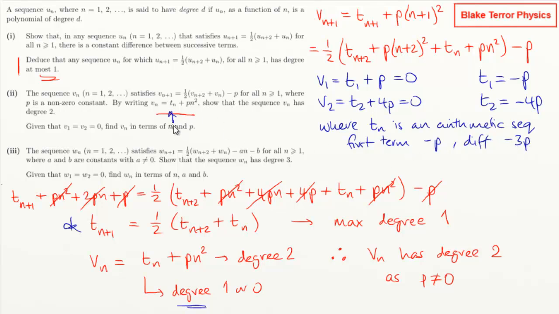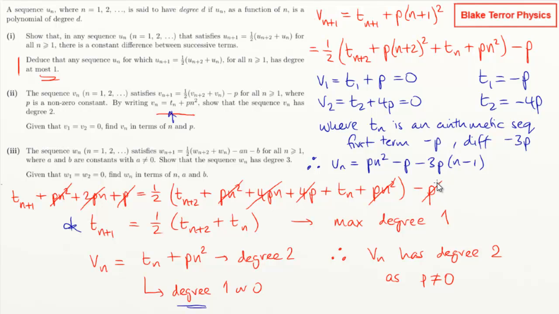So I now need to get Vn, so I've already got the Pn squared, so Vn is equal to Pn squared, and then we've got the Tn bit. So the Tn is minus p, and then this thing here, minus 3p times n minus 1. Yeah, so that is it, isn't it? I think, all in all.